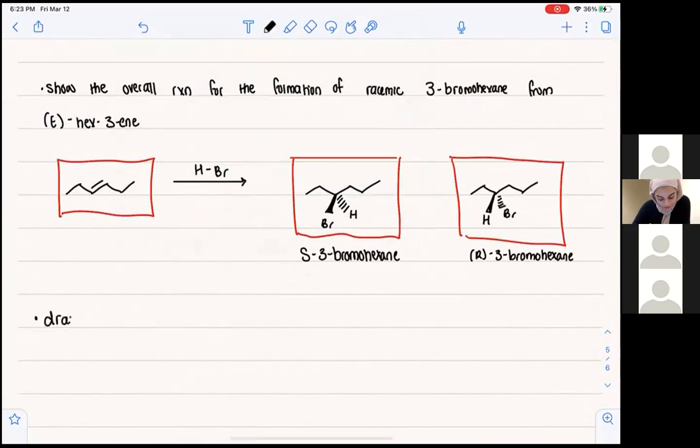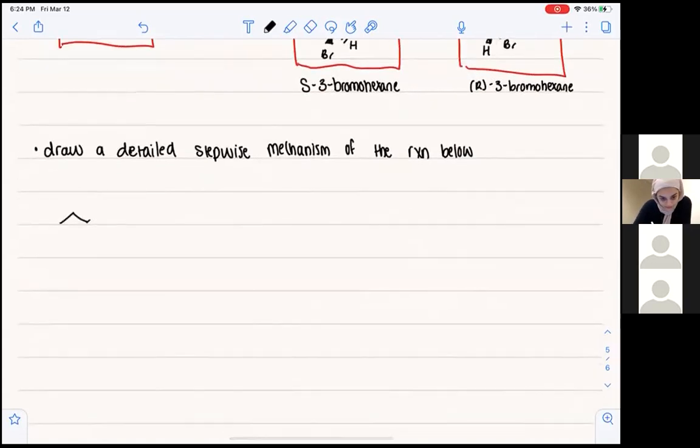That is a mechanism that says draw a detailed stepwise mechanism of the reaction below. Here we have this with H2O, H2SO4, and OH.